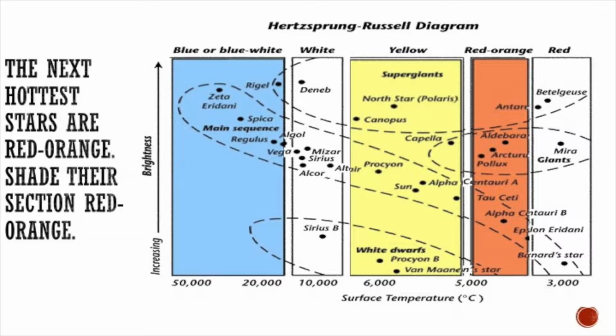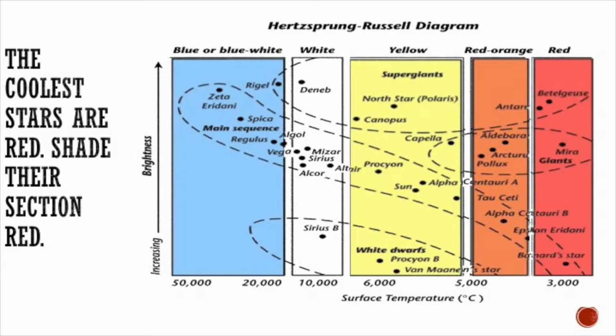Next, we're going to have our reddish orange colored stars, which are going to be between 4 and 5,000 degrees. And then our red stars, which are going to be our coolest stars. And I know for some people that goes against what you think. You usually think red hot, blue cold, but for stars, they're going to be exactly the opposite.